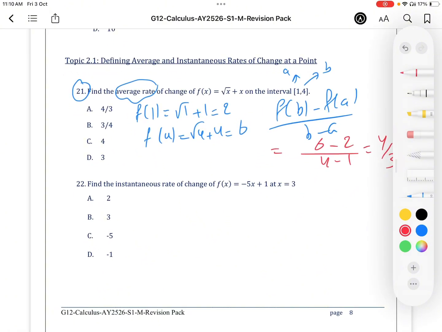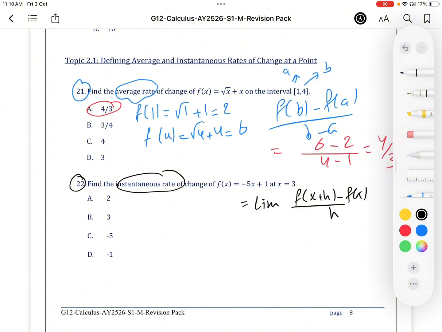For number 22, instantaneous rate of change. So the rule is limit of f of x plus h minus f of x divided by h when h approaches 0.